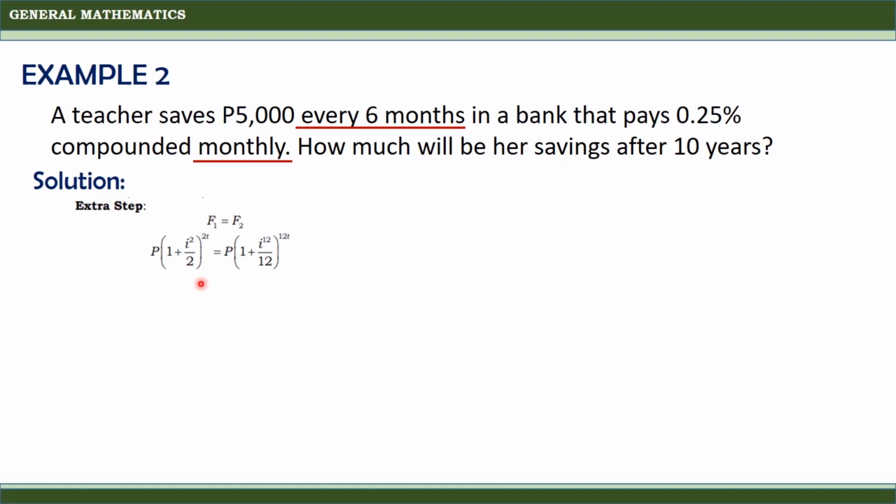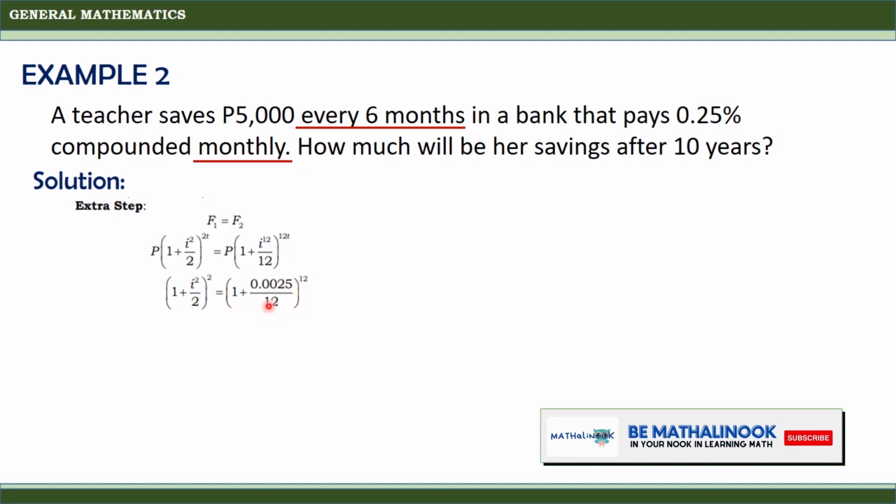For that case, the m on the left side will be equal to 2 and m on the right side will be equal to 12. Canceling the common factors p and t and substituting 0.25% on i raised to 12, we will have (1 plus i raised to 2 divided by 2) quantity raised to 2 is equal to (1 plus 0.0025 divided by 12) quantity raised to 12.